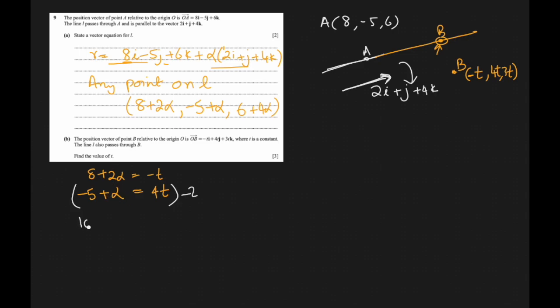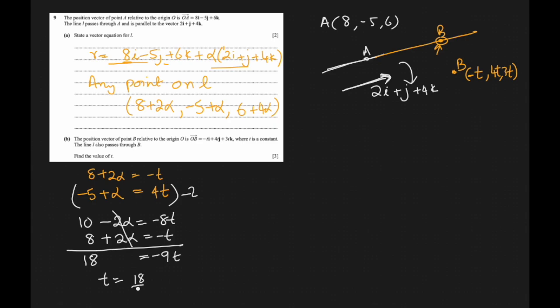So it becomes minus 5 times 2, which is minus 10, minus 2 alpha equal to minus 8t. And then I will write the first one below this: 8 plus 2 alpha equal to minus t. Add them, and the alpha terms cancel out. 18 equal to minus 9t, and t is equal to 18 divided by minus 9, which is minus 2.